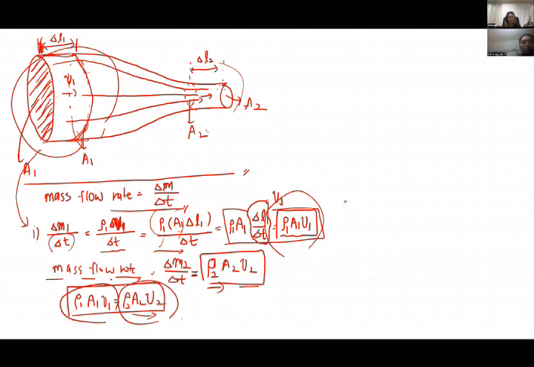From that, as I said, this fluid is an incompressible fluid, right? So rho one must be the same as what? Rho two.